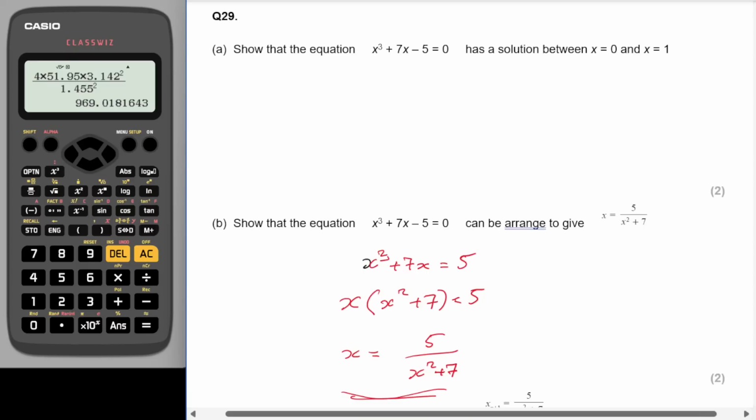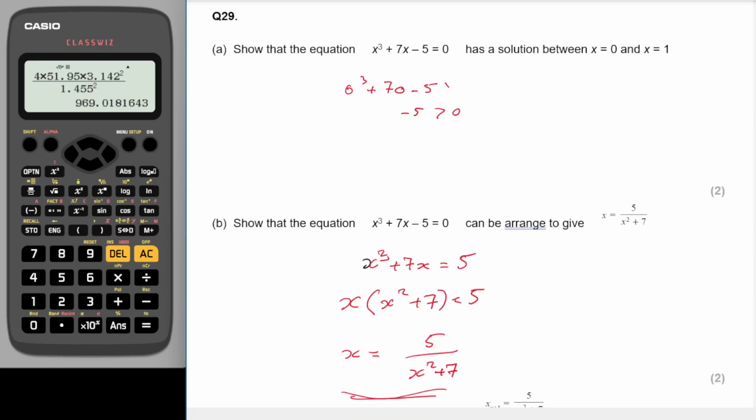Okay, so we just need to say 0 cubed plus 7 times 0 minus 5 is minus 5, which is less than 0.